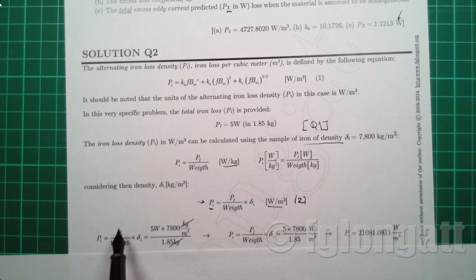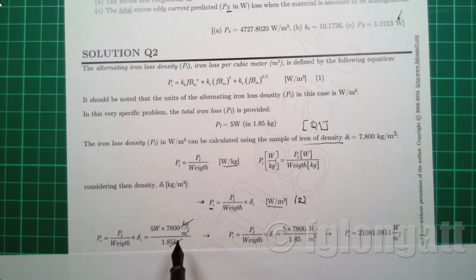And what we need to do is basically use the total iron losses that we already know, 5 watts, divide by the total weight of the sample, in this case 1.85 kilograms, and multiply by the density of the material, in this case 7,800 kilograms per cubic meter.